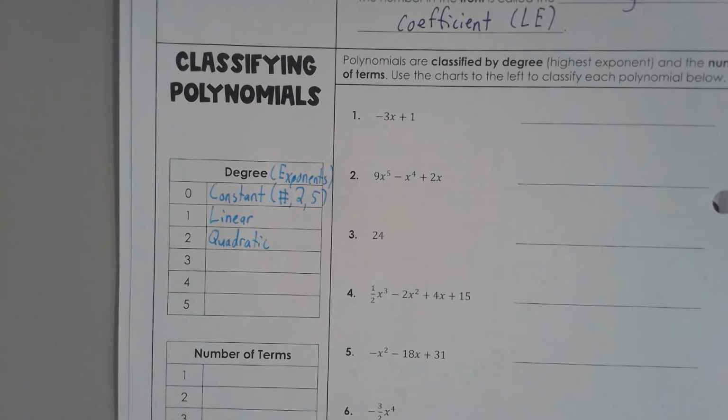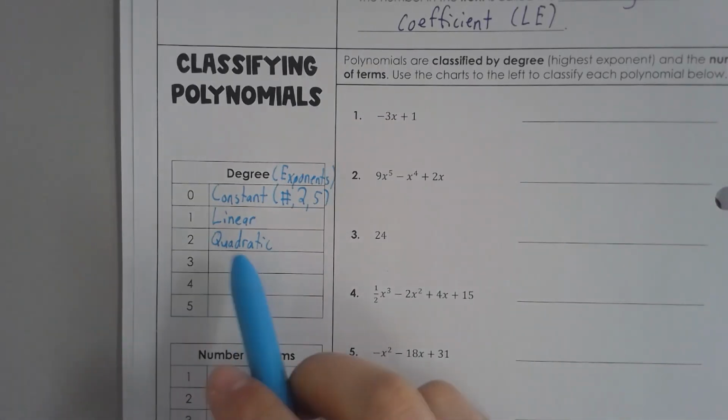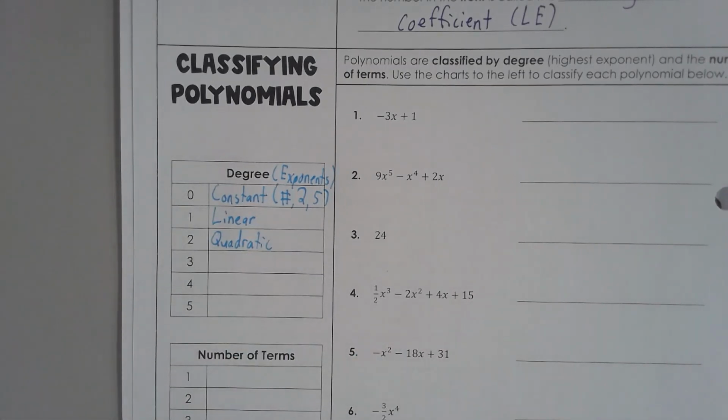There you go. You'd kind of think quadratic means 4 because of quad, but that would be too easy. So they like to make it fun and keep you on your toes. So quadratic, that's what we call it if the highest exponent is a 2.